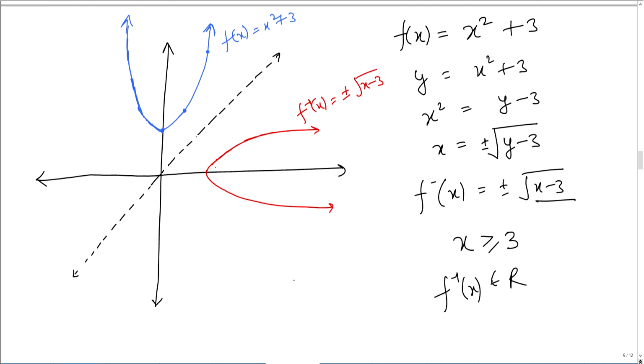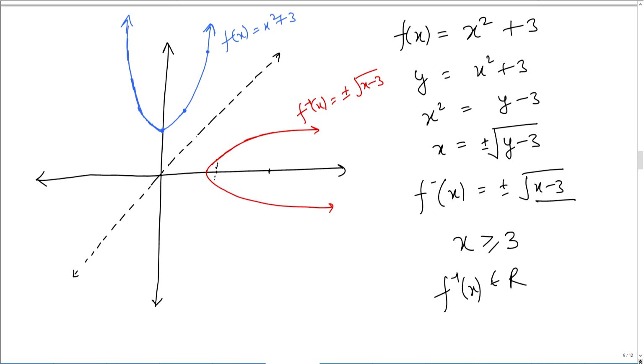If you have x equals 4 here, the corresponding values would be 1 and minus 1 like this. Similarly, when x is 7, x minus 3 would be 4, and the square root of 4 is plus minus 2. So it can take 2 as well as minus 2. This is how it looks.